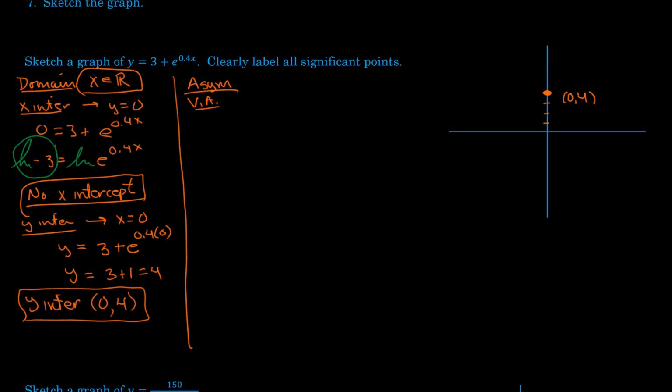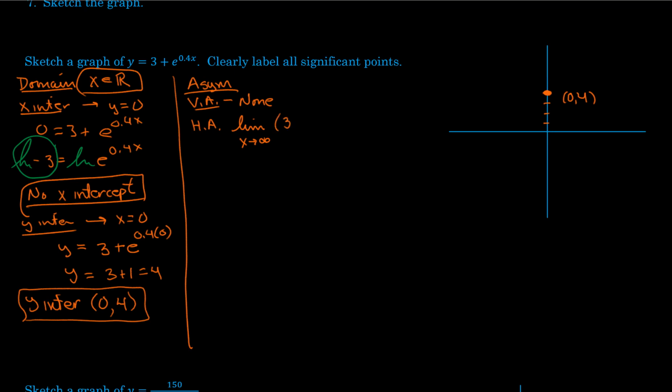Vertical asymptotes occur where there is a 0 in the denominator or the function is undefined. Well, in this case, there are none. In fact, you can't get a 0 in a denominator. There isn't a denominator.